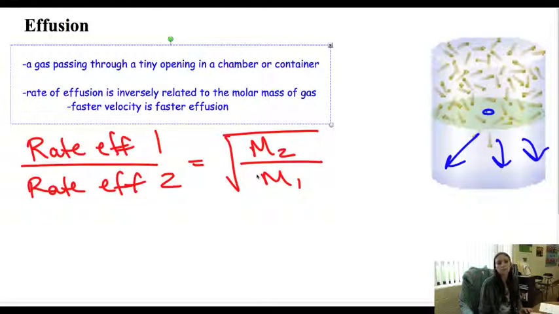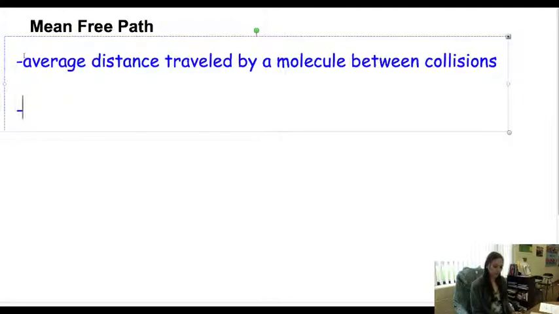The last thing here is what we call a mean free path. The mean free path is the average distance traveled by a molecule between collisions, and this varies with pressure.